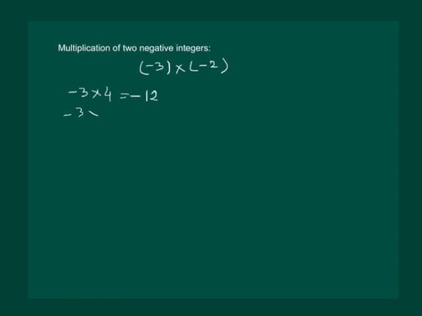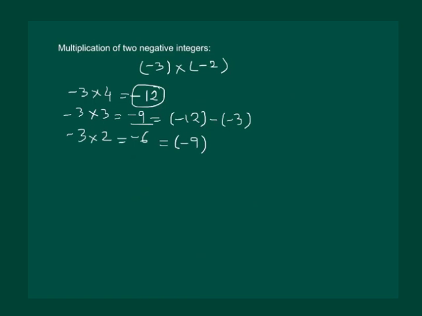Minus 3 into 3 is minus 9, which can be written as minus 12 minus of minus 3. Similarly, minus 3 into 2 is minus 6, which can be written as minus 9 minus minus 3.